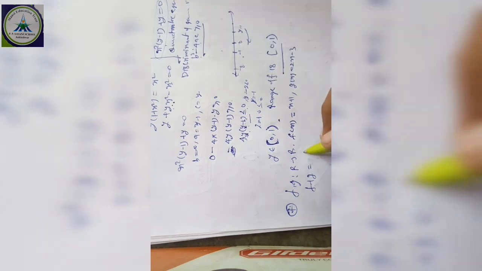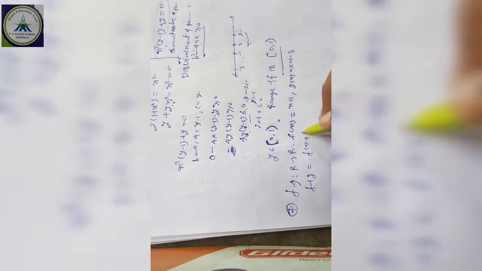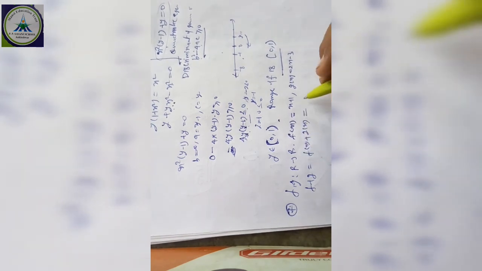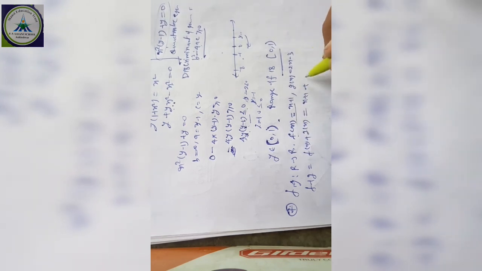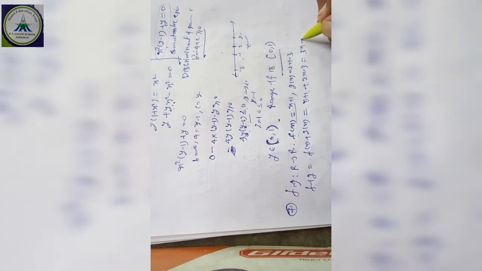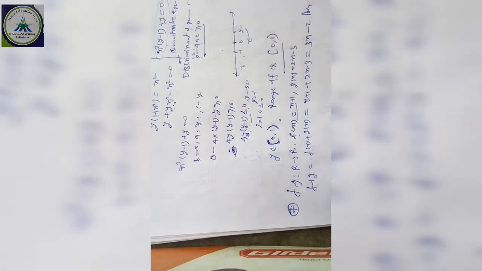Find f + g. f + g means f(x) + g(x). Putting the values, x + 1 + 2x - 3 gives 3x - 2. That's your answer, simple.